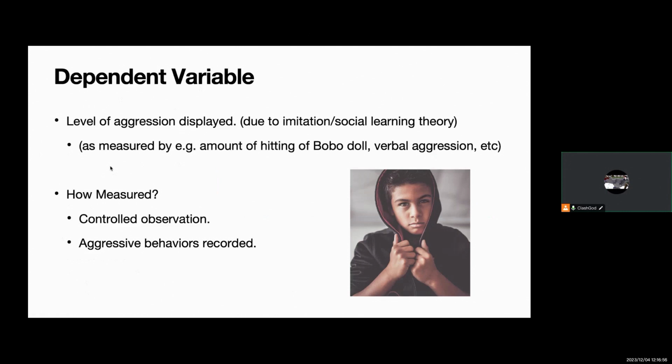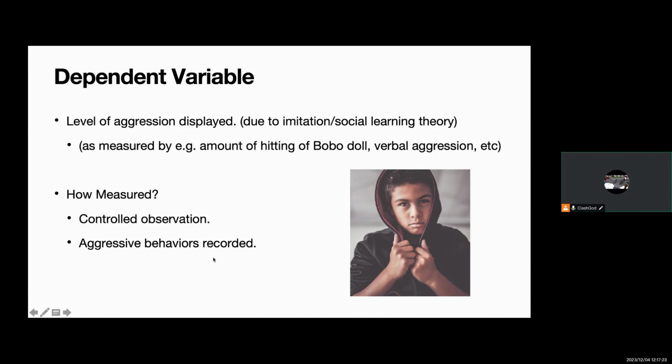How is it measured? We measure the level of aggression, as we'll see later, through observation of certain types of behaviors. We will go into detail about this in the procedure of the study. And just briefly, as a broad overview, a controlled observation was used to measure this dependent variable, and we'll take a brief look at it in this section as well.